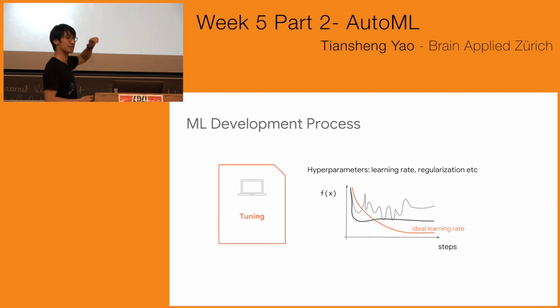The ideal learning rate, as you have more steps, your objective function decreases smoothly on your test set. But if you choose the wrong learning rate, which is very common in deep models, you're probably going to converge too soon, for example the black line, or you're not even going to converge, like the gray line.